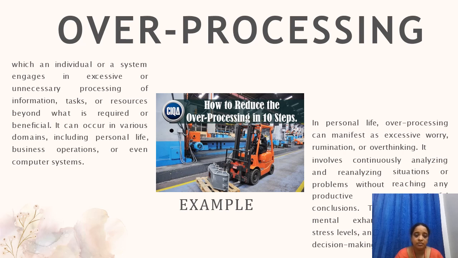Overprocessing can occur in various domains, including personal life, business operations, or even computer systems, and it involves continuously analyzing and reanalyzing situations or problems without reaching any productive solution. So this needs to be controlled.